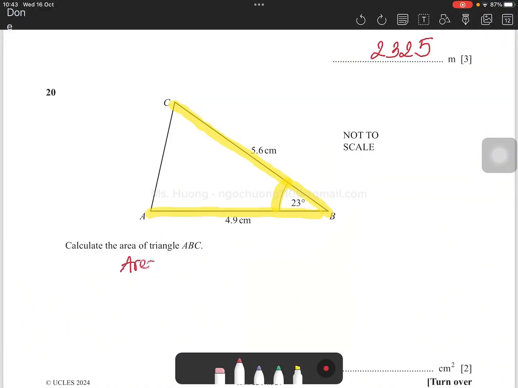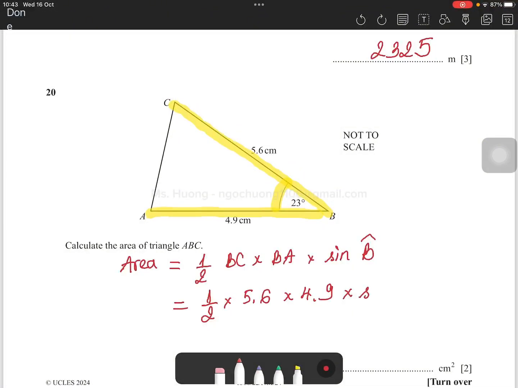The area of the triangle is equal to 1/2 of BC multiplied by BA multiplied by sine of the angle B, which is 1/2 multiplied by 5.6 and 4.9 multiplied by sin 23 degrees. So the answer is 5.36 square centimeters.